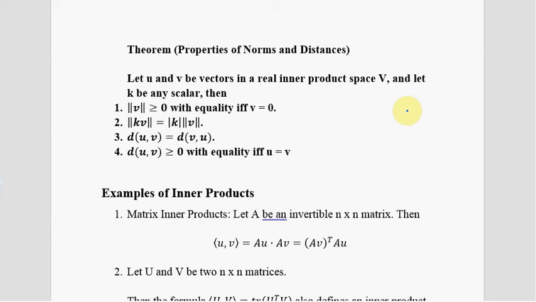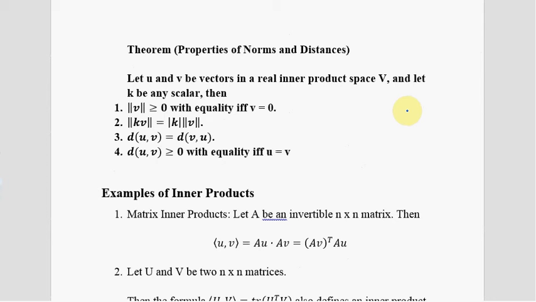So here, what they're going to do is basically apply the previous four axioms, that is the axiom of symmetry, additivity, positivity, and homogeneity. Apply those axioms from the definition for the inner product here to either the norm or the distance. Same concept.